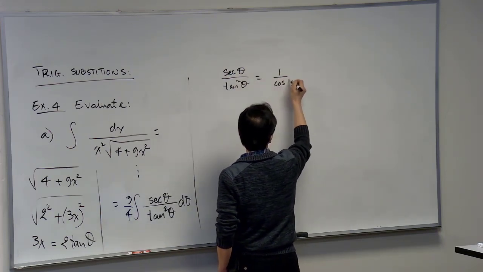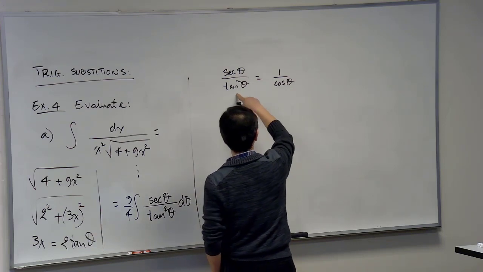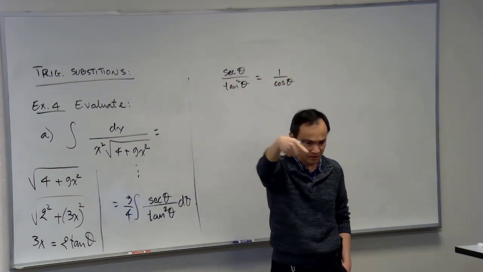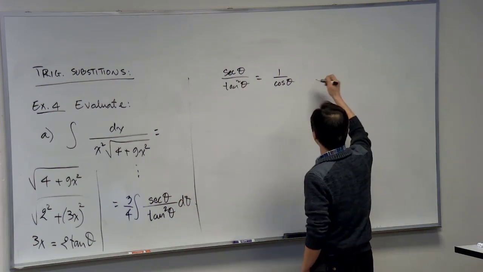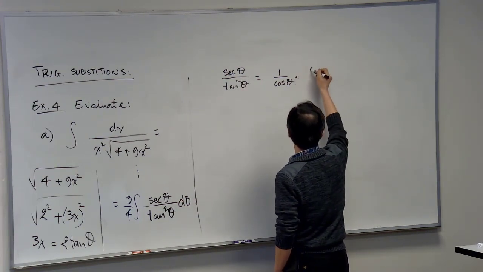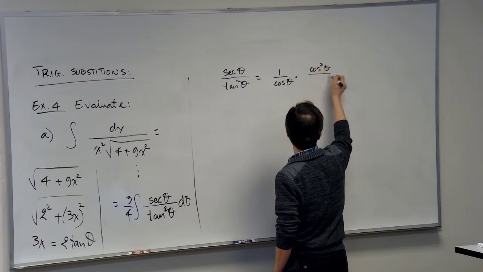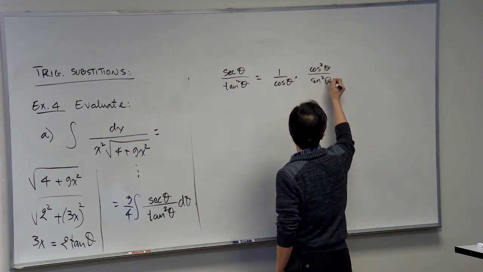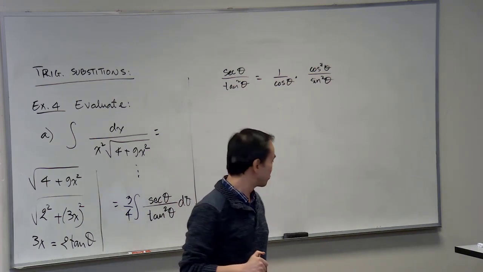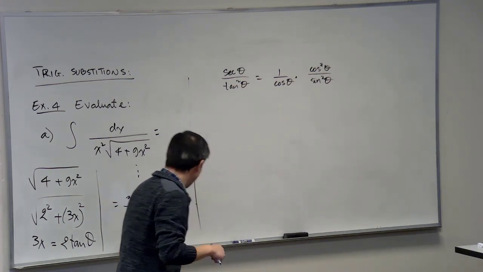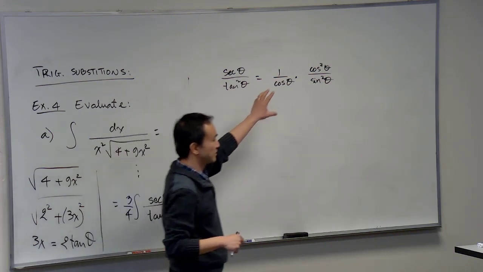You guys following? And then the tangent is famously known as sine over cosine, but then it's a square here, so tangent squared in the denominator, you can actually write that as cosine squared of theta over sine squared of theta. That's the algebra of secant and tangent and all that, right?